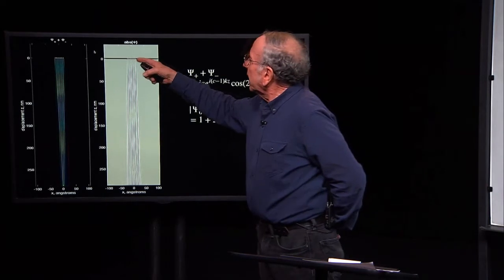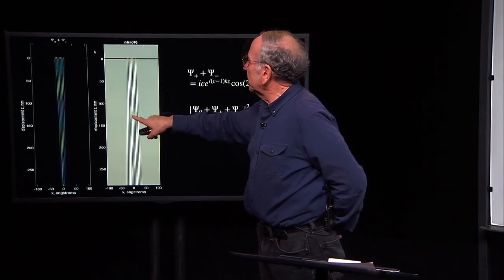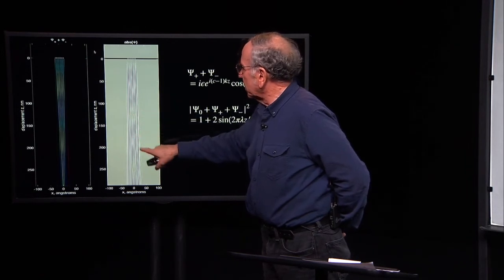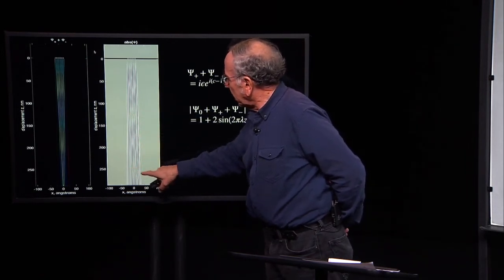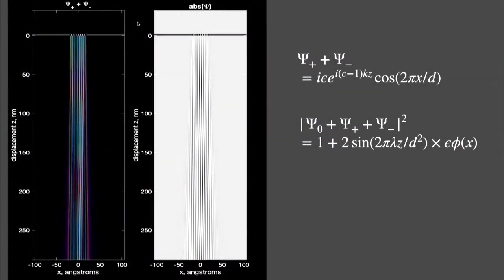And you can see that happening here. There is very little contrast here. There's a maximum, there's a null, there's a maximum, there's a null. And there are some waves out here at the extremes, which are the original psi plus and psi minus interfering with the incident electron wave.